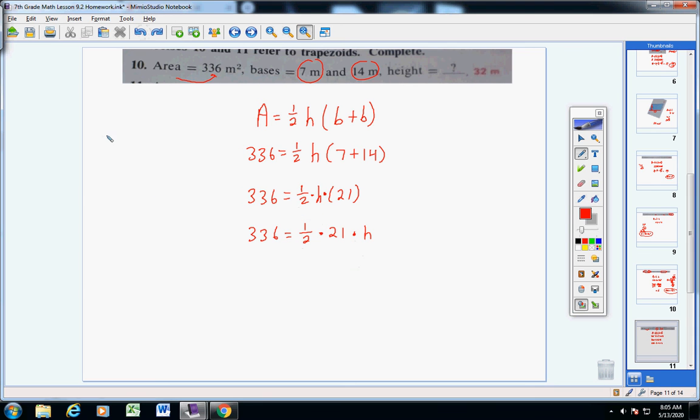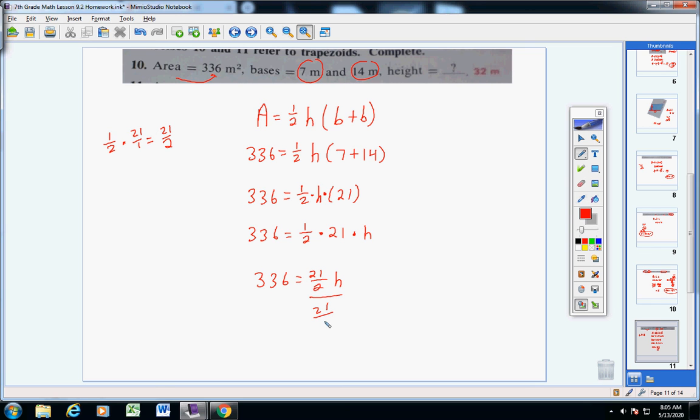So 1/2 times 21 gives me 21 over 2, right? So now I have 336 equals 21 over 2H.